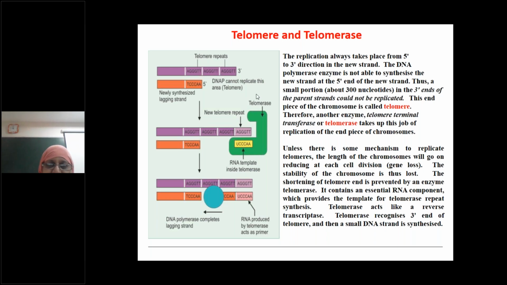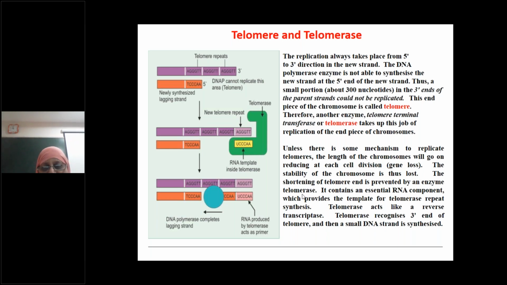The newly synthesized strand will become shorter and shorter. It will lead to gene loss, and the stability of the chromosome will be lost. So the shortening of the telomere end is prevented by the telomerase enzyme.